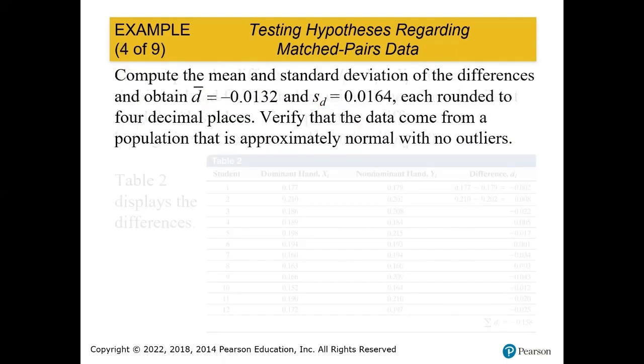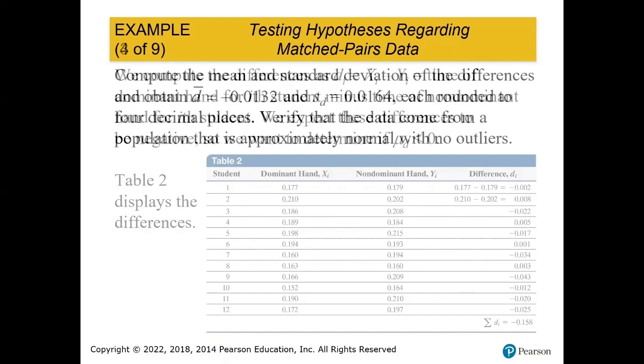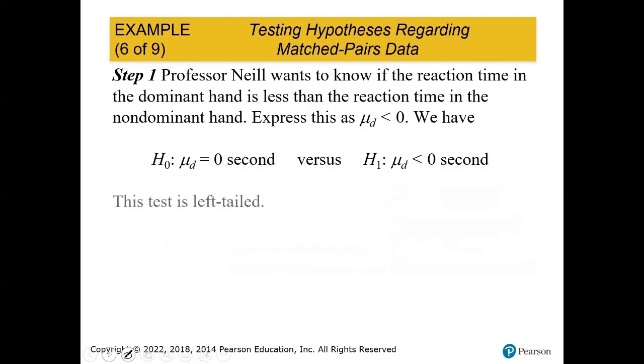The difference was calculated as x minus y, so I want x to be smaller than y, first less than second. That is mean difference less than 0. We're doing a left tail test with a level of significance of 0.05.